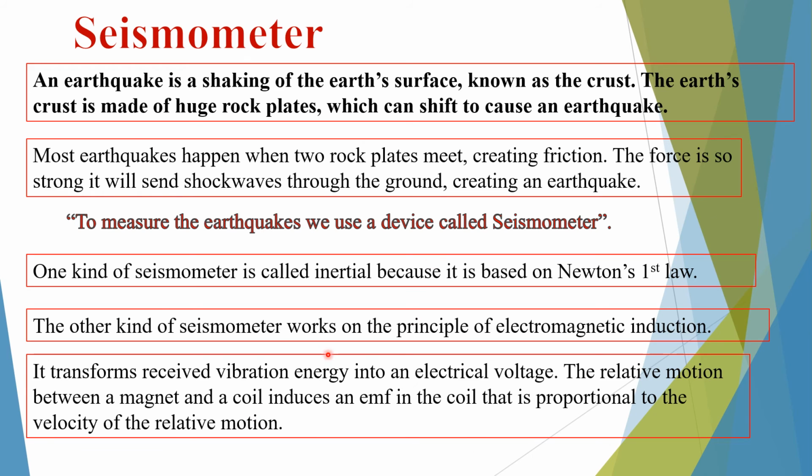So in a seismometer we use a magnet and a coil, and due to the relative motion of magnet and coil, an EMF is induced in the coil, and this induced EMF is directly proportional to the velocity of relative motion. When we have greater velocity of relative motion, the induced EMF is greater.